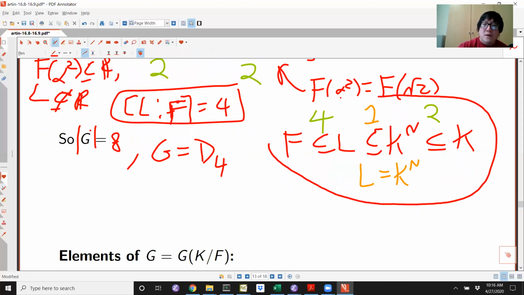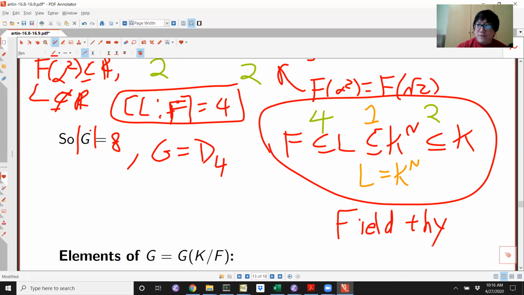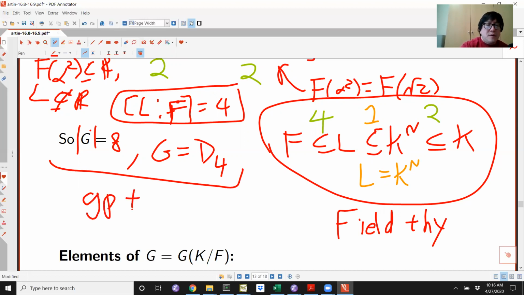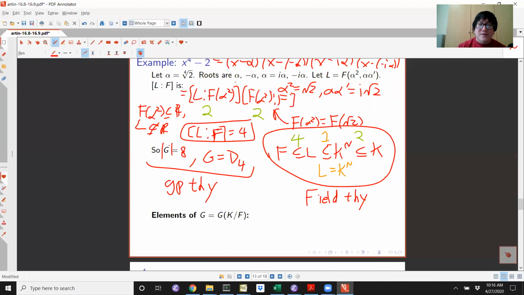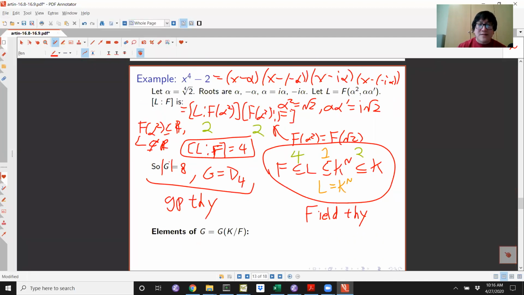Over here, we're using field theory to compute the order of G, and then here we're using group theory to take the order of G and, using our limited list of suspects, figure out what G actually is.